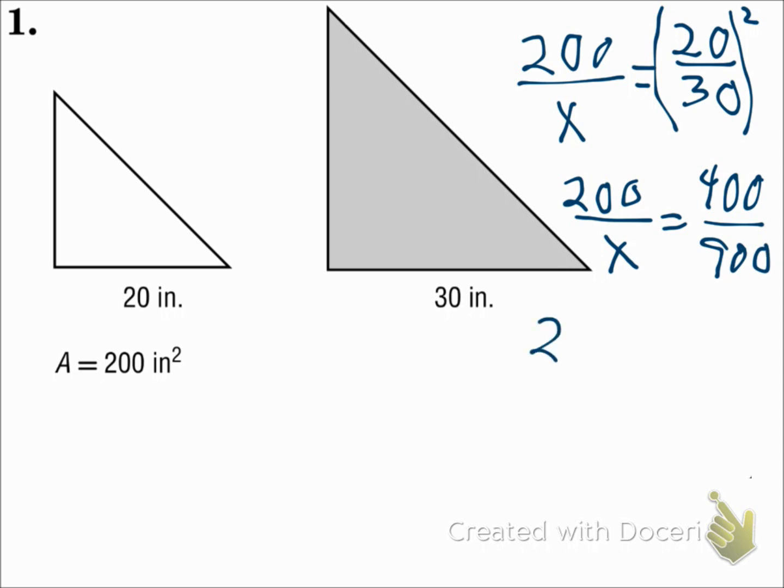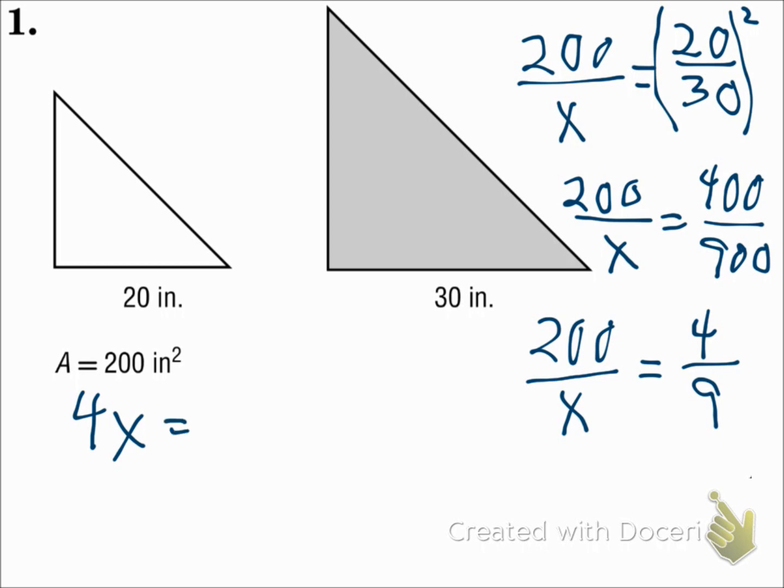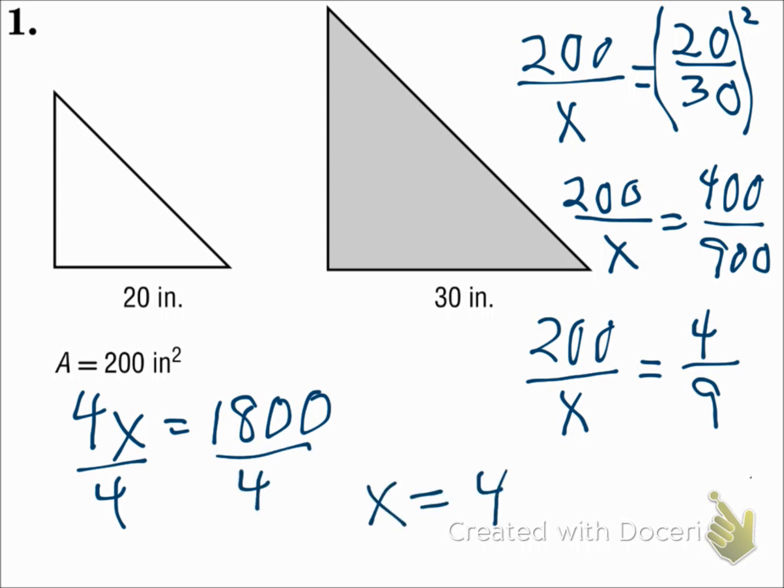I can reduce on the left and make that 4/9, and then I can cross multiply. X times 4 is 4x. 200 times 9 is 1800. Divide both sides by 4, and x is 450. That will be inches squared because it's area.